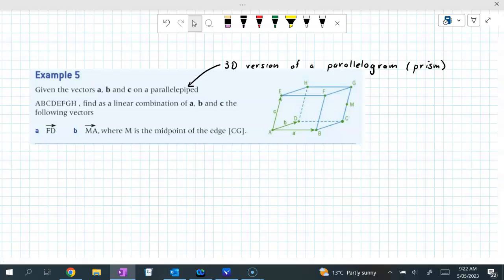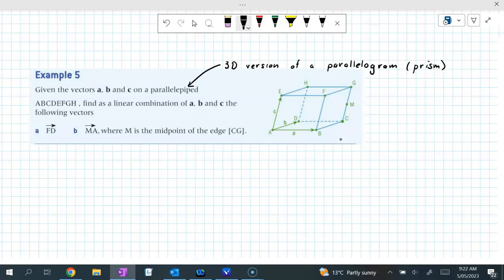We've been defined as having A, B, and C. You can see that they're marked by directed line segments. And we've got to find the addition of A, B, and C, or the linear combination, so that's the addition or subtraction, and each of them can be multiplied by a certain number to find FD.